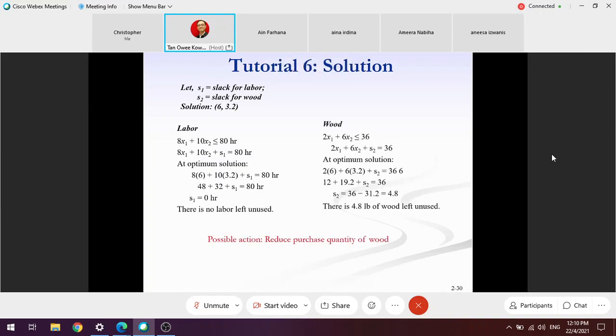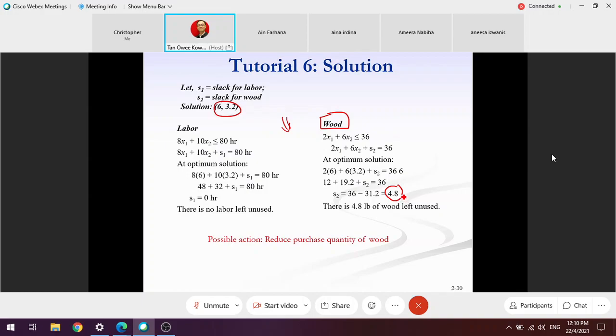Okay, reduce. Okay, now I want to ask you a question. Important also. You must listen carefully. Example, this is theoretically calculated that if I produce this quantity, then in the end I should have an extra 4.8 units of wood in the production.